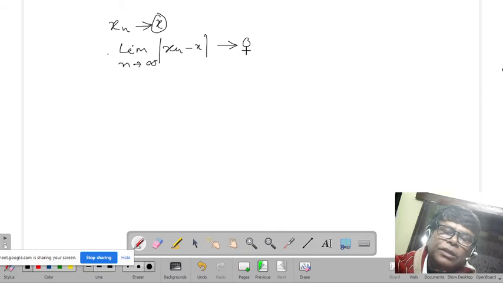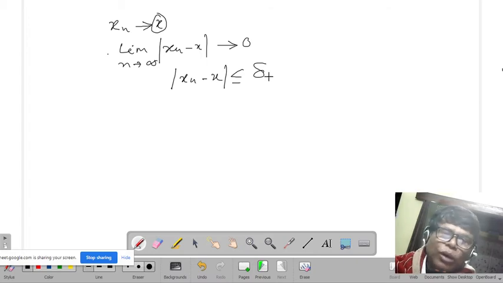That means modulus xn minus x is less than or equal to delta, and that delta can be however small.